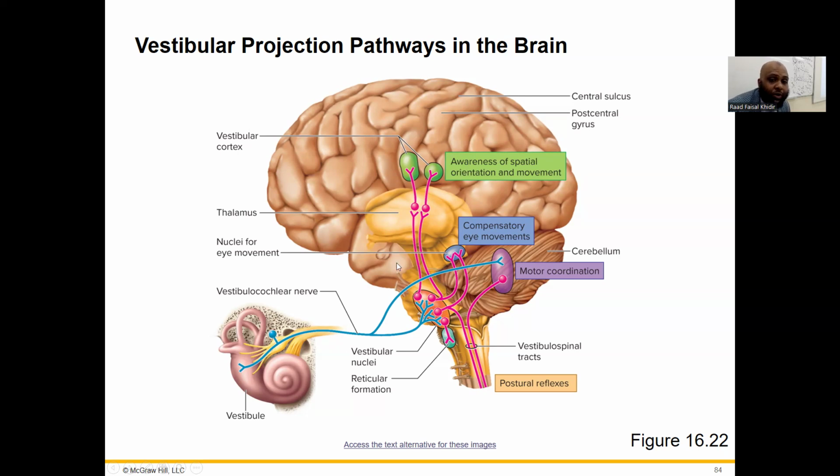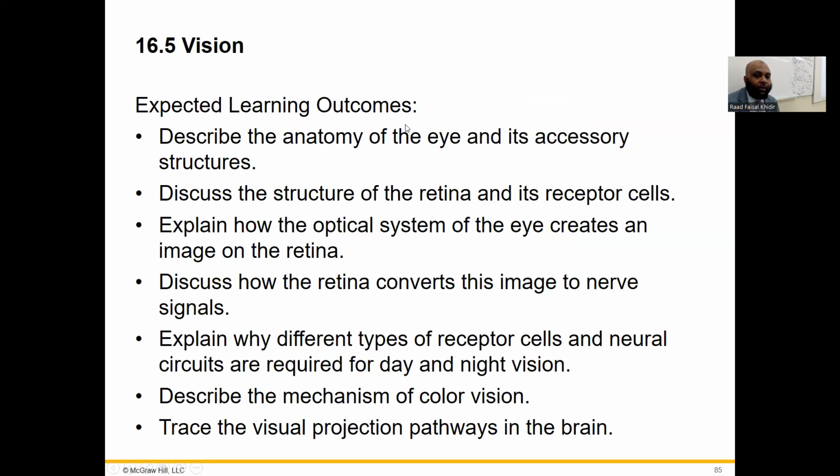The first order neuron targets the cerebellum to achieve motor coordination, and that elicits the awareness of the spatial. So now you're aware that you are in an elevator, you're aware that you are in a chair that is spinning, and that's going to cause you to resist the consequences of falling.